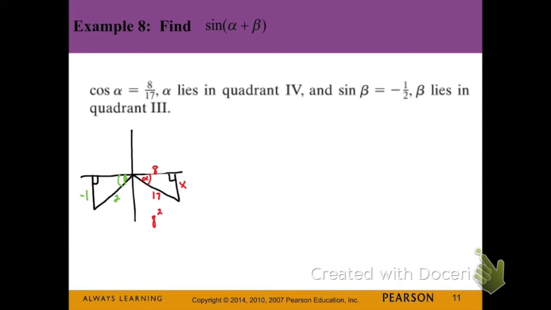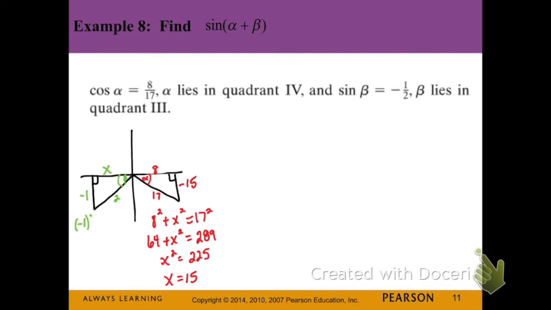Back to my alpha triangle, I'm going to solve for the other side, solve for x here. And we get x equals 15. I'm going to write it as a -15 because I'm in quadrant 4, and my y coordinate there should be a negative.